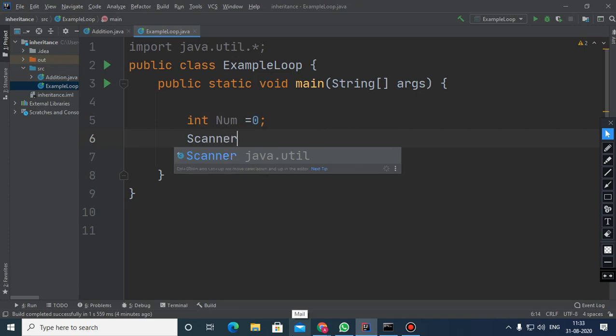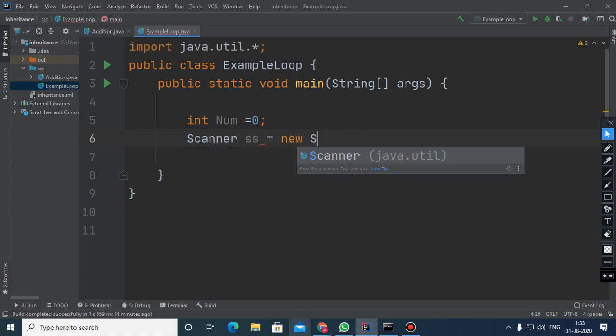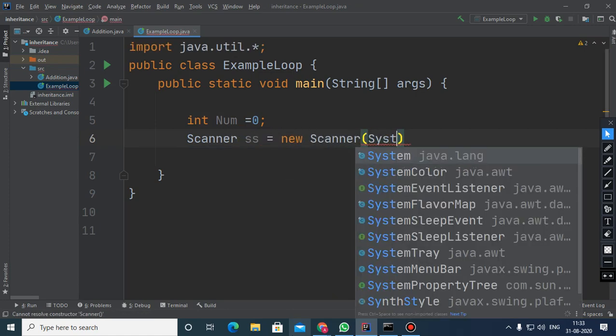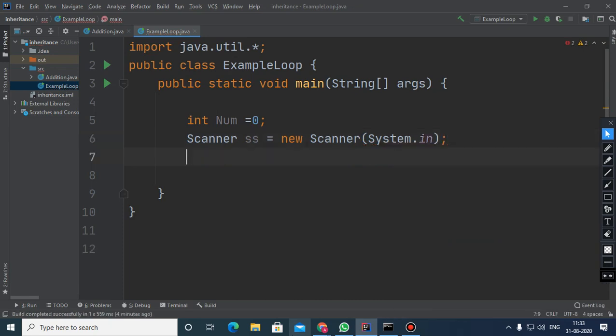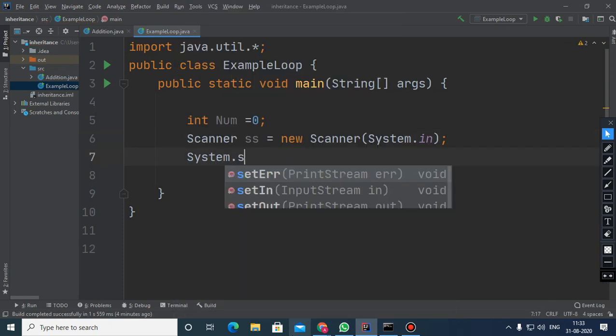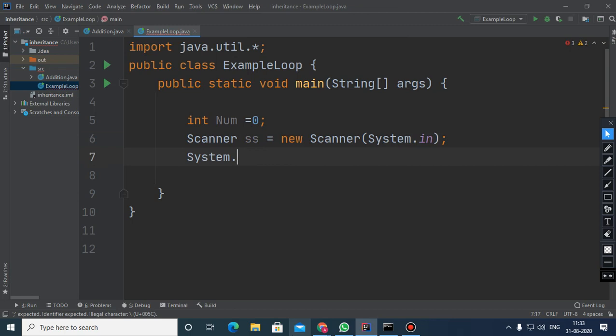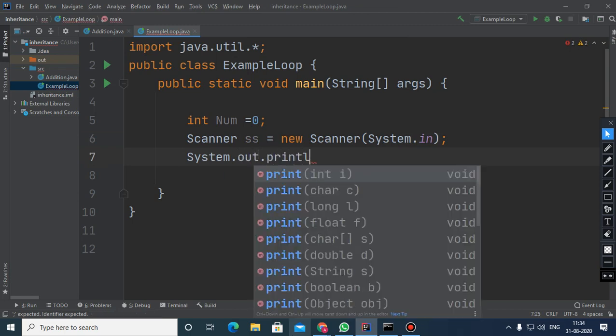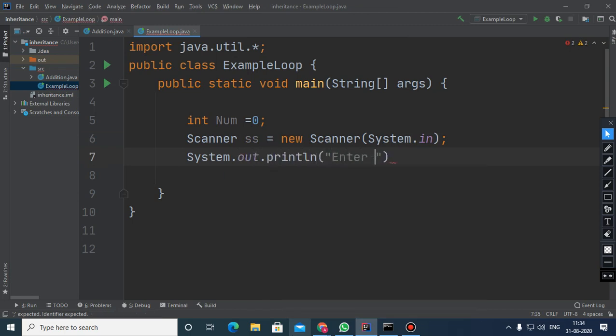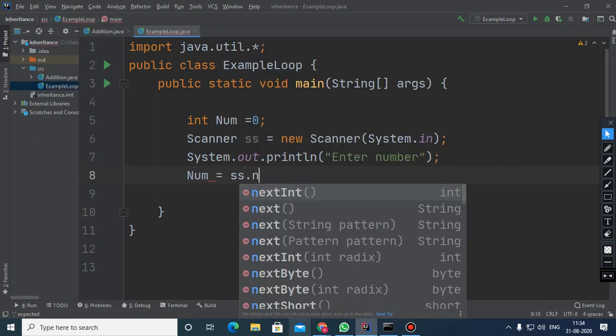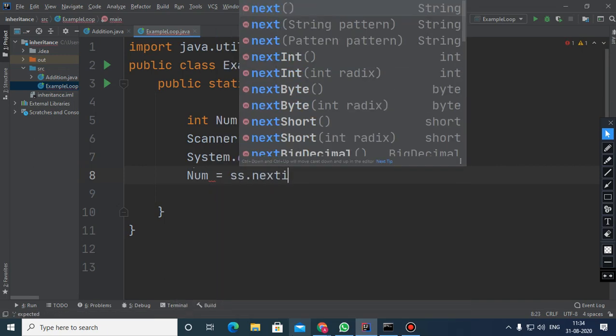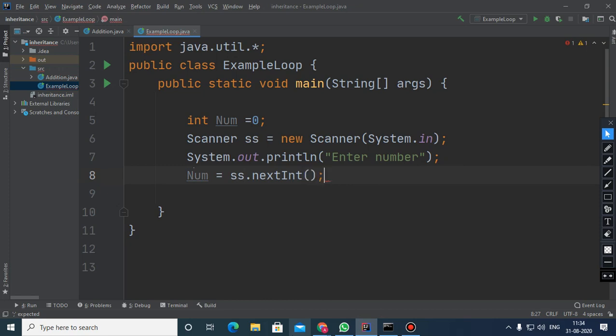So children, this time I have got a number and a Scanner class, and here we enter the number. We have got the number entered.